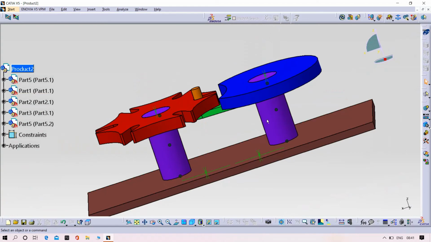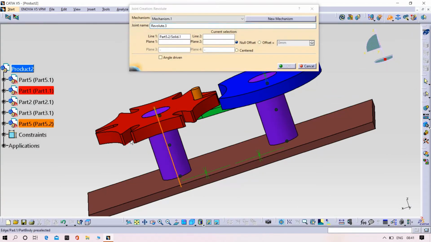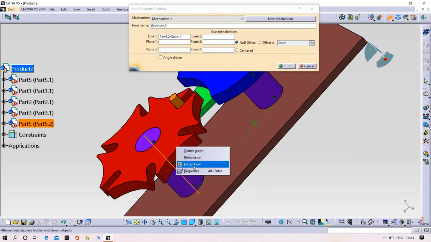Then give the revolute joint for the Geneva wheel.